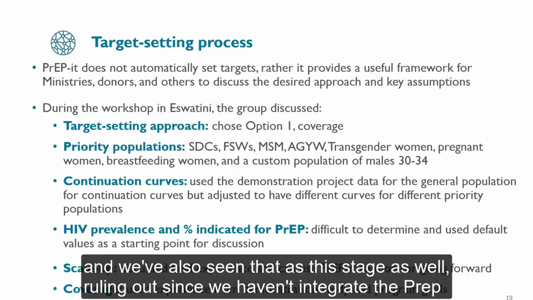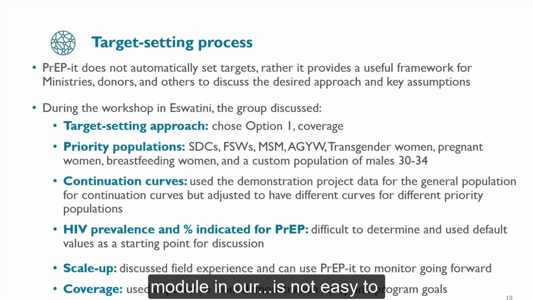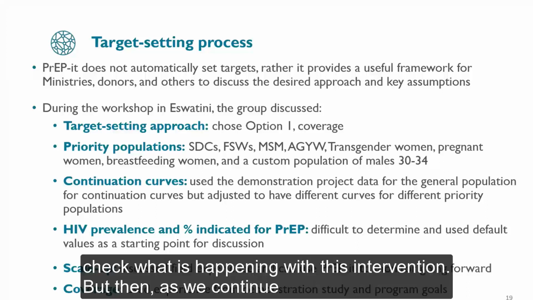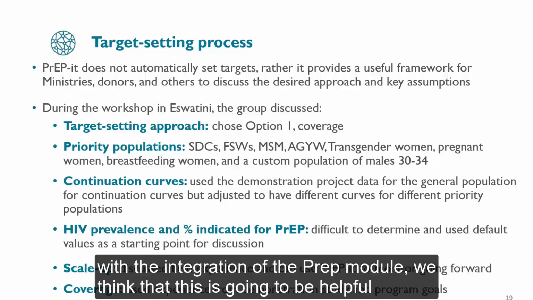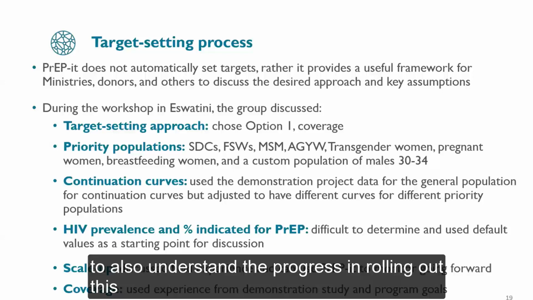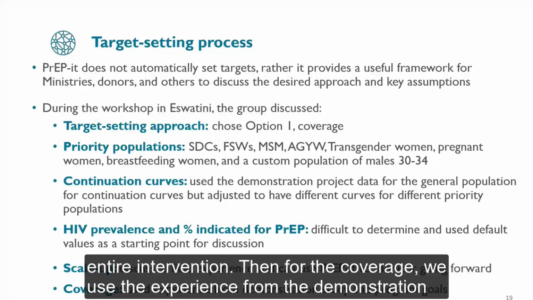At this stage of rollout, since we haven't integrated the PrEP module in our CMIS, it's not easy to track what is happening with this intervention. But as we continue with the integration of the PrEP module in the CMIS, we think it's going to be helpful to understand the progress in rolling out this intervention.